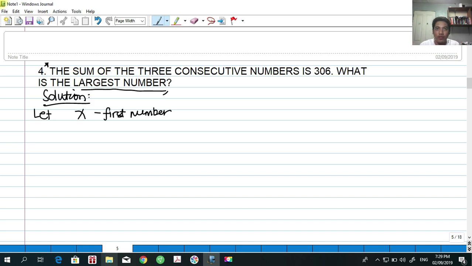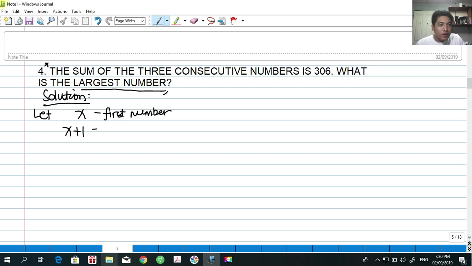If we have 3 consecutive numbers and the first number is 2, then we have 2, 3, and 4. In this case, we don't know the first number, so we label it as x. Since it is consecutive, it has an increment of 1, x plus 1.